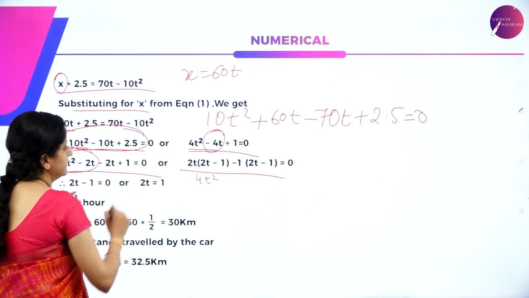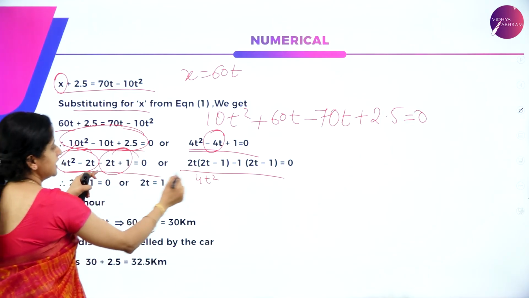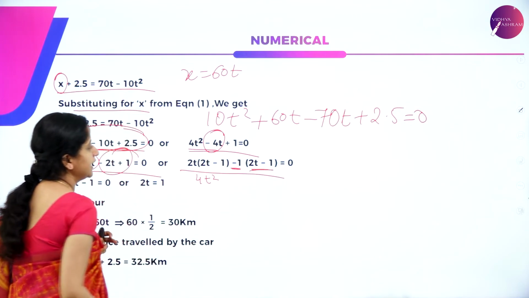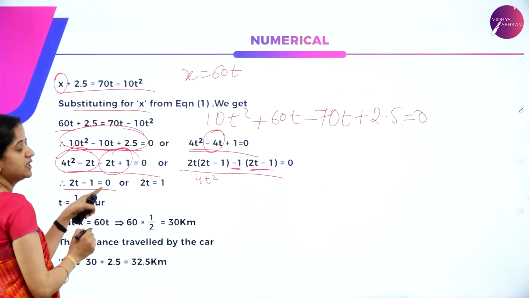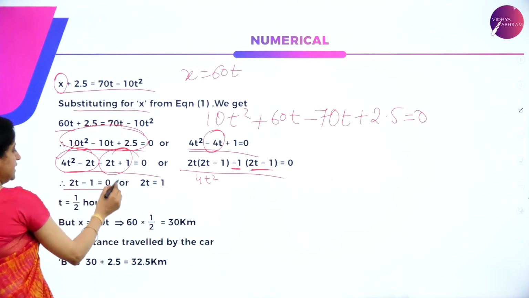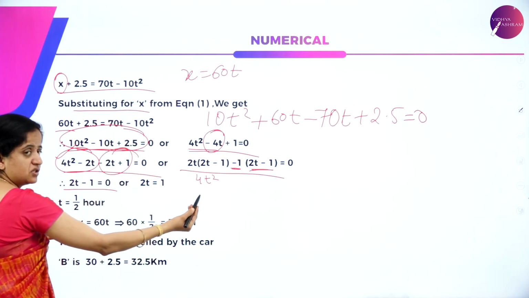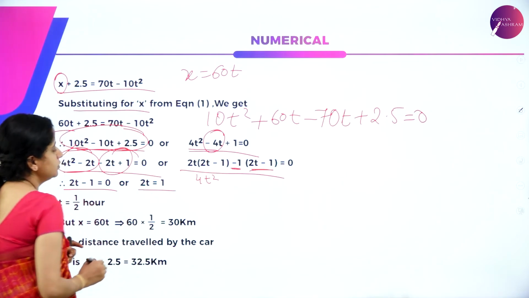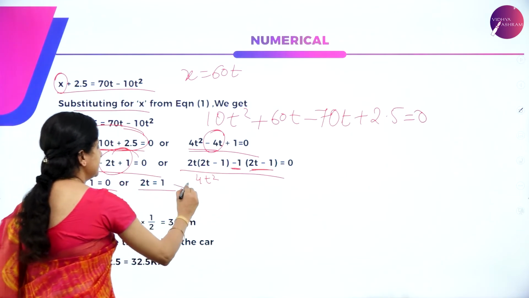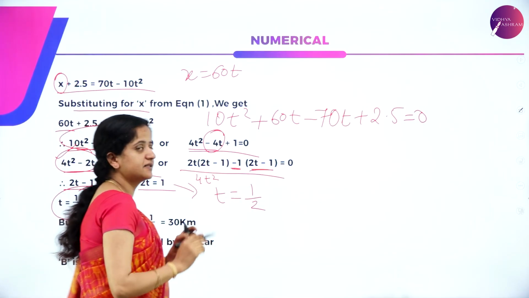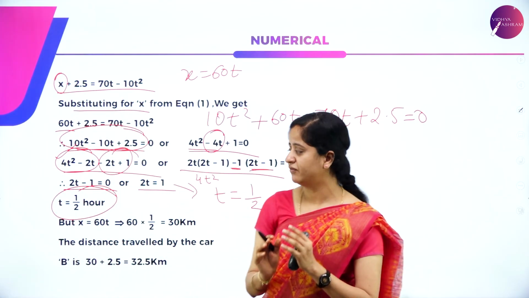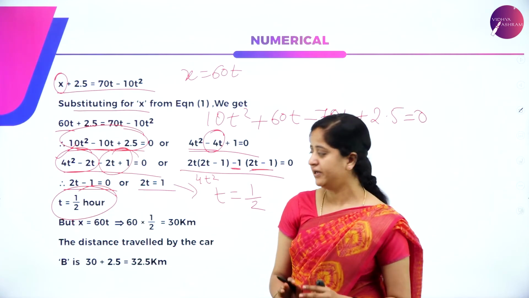And from the other two terms, taking minus 1 common, we will again get 2t minus 1. So from here we can write 2t minus 1 equals 0, or 2t is equal to 1. From this we can write t is equal to 1 by 2, which means the time is half hour, that is 0.5 hours.